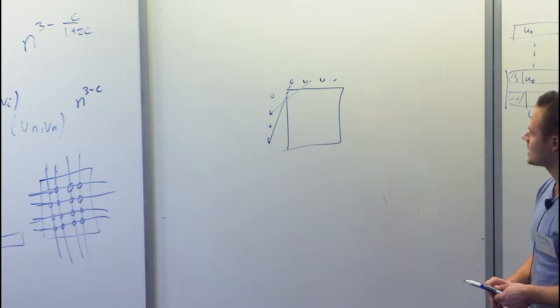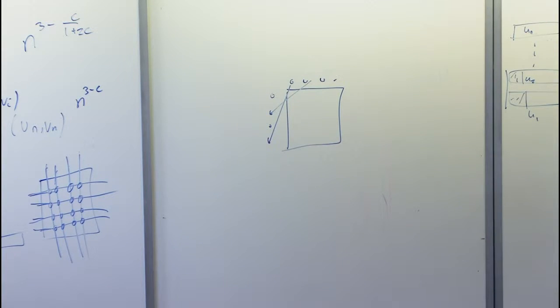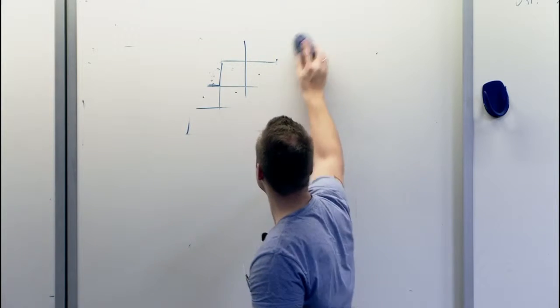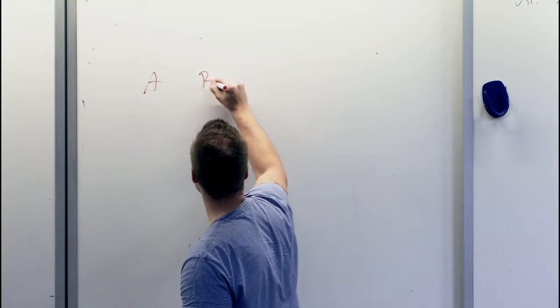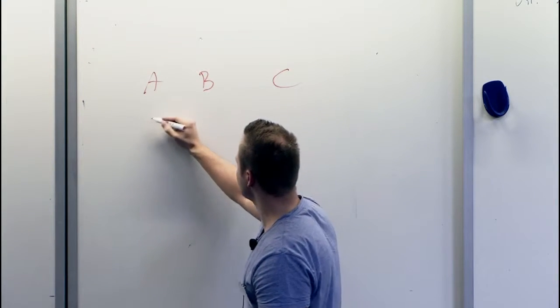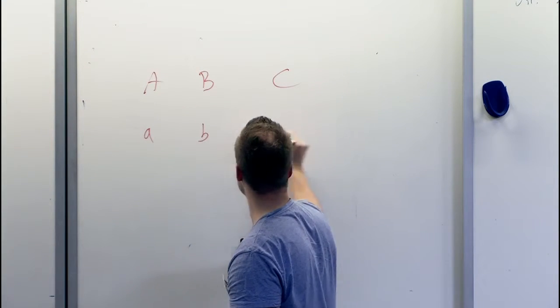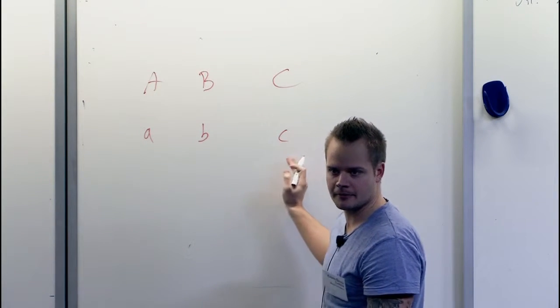Okay. So maybe we want to do this using 3 orthogonal vectors, so maybe I should define the problem. So 3 orthogonal vectors is another one that you get from SETH, basically by partitioning your variables into 3 groups and doing all combinations of 3. And then you're looking for, basically you have 3 sets, let's call them A, B, and C this time. And you're looking for a vector in A, a vector in B, and a vector in C, so that the bitwise AND of these vectors is 0.